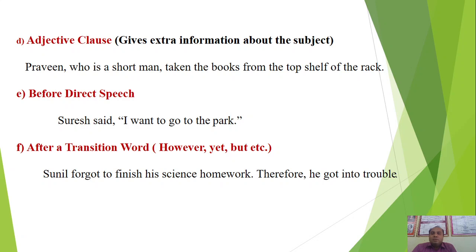When we don't have the comma in place, the sentence gives an ambiguous meaning. So: Praveen, comma, who is a short man, gives the extra information that he is a short man who takes the books from the top shelf of the rack. So adjective clauses are added to give extra information to your sentence.